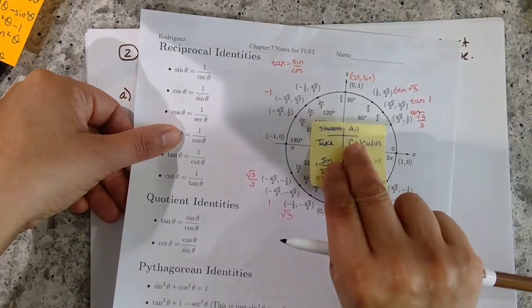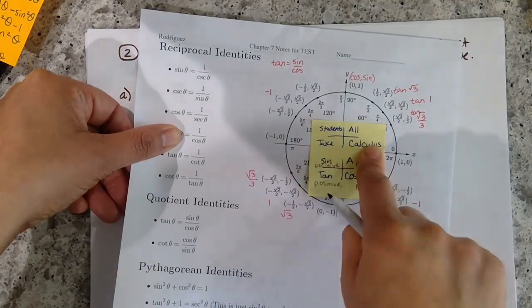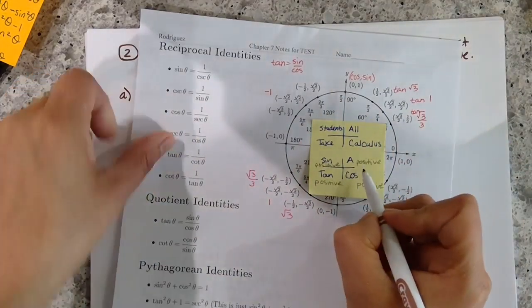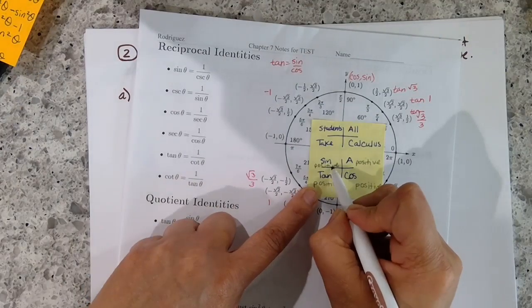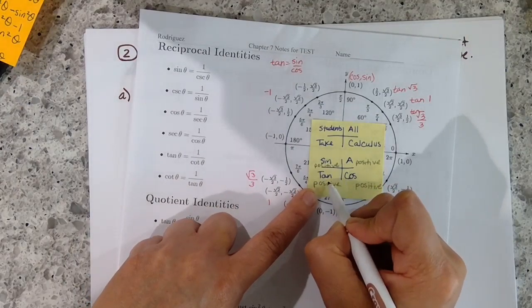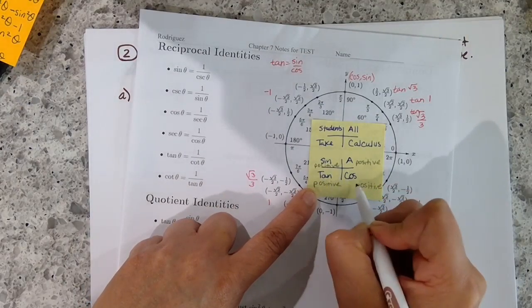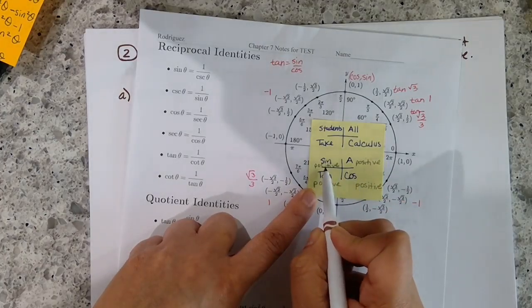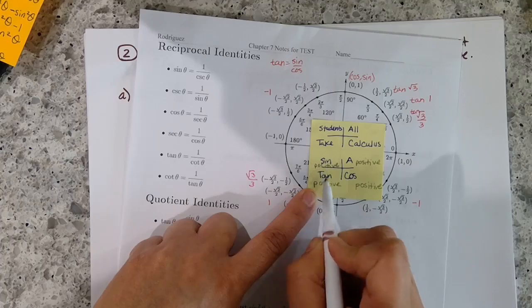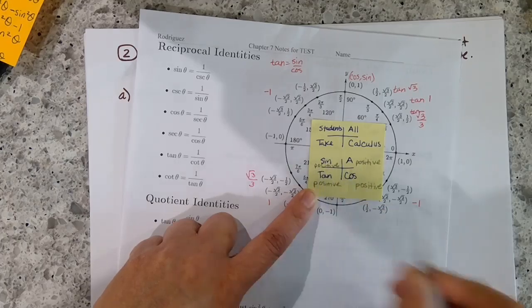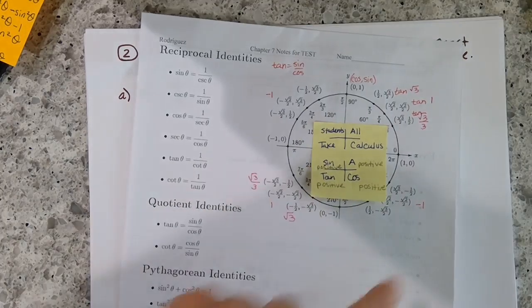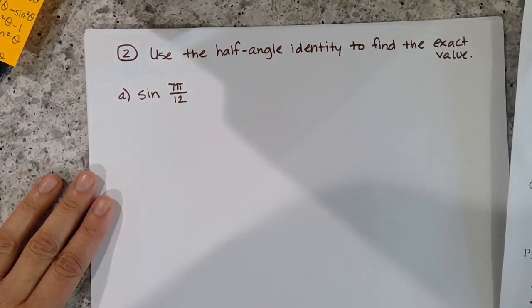A short way to remember that is all students take calculus. So that means that all trigonometric functions are positive here. Only the sine function is positive here. Only the tangent function is positive here. And the cosine function is positive here. Also, if you were to do the inverse, like the cosecant, cotangent, and secant, those would also be positive. Okay, and that's a way to memorize that or remember that.